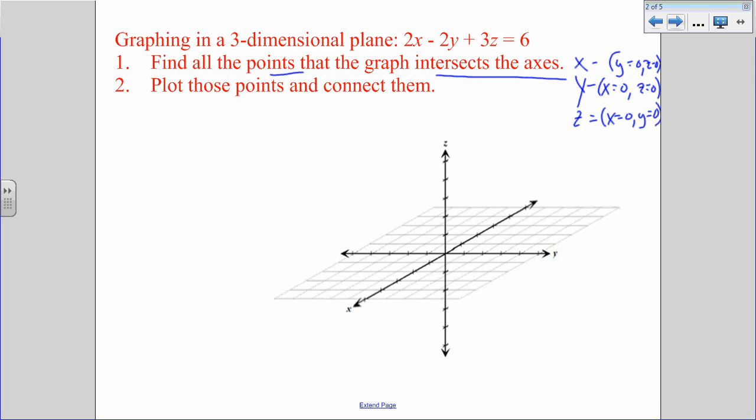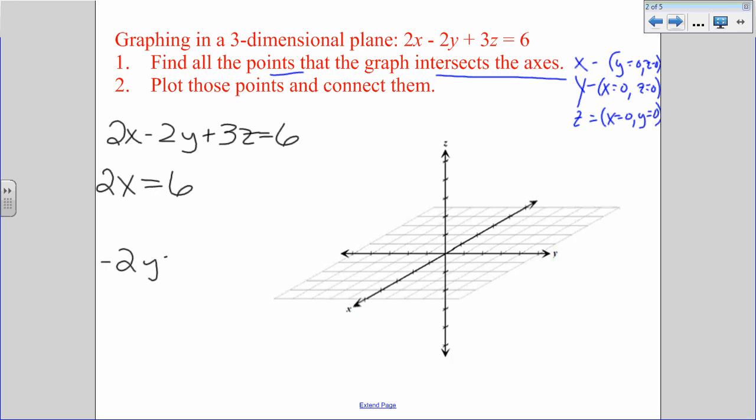Okay? Well, the easiest way to do that, and I think I had someone use this phrase with me yesterday, we're simply going to use the cover-up method. So to find my x-intercept, if y and z are 0, those are covered up. You're solving the little equation, 2x equals 6. What's my equation going to look like for my y-intercept? Well, I cover up the x and z, so what's my equation going to be?